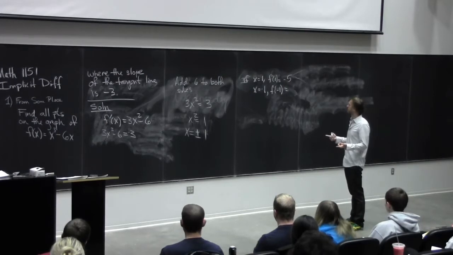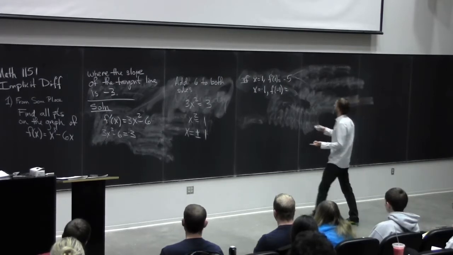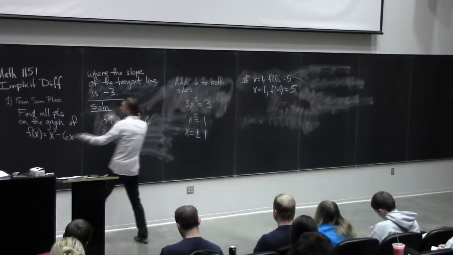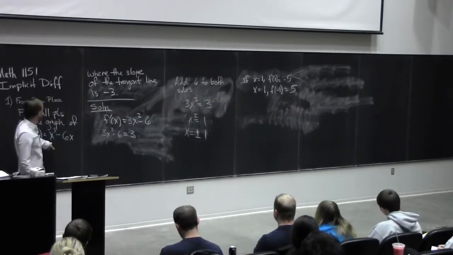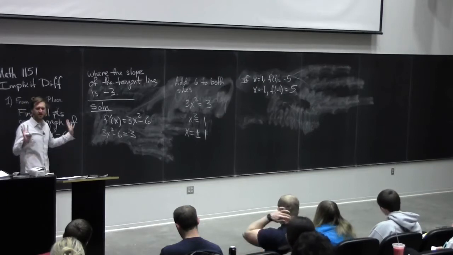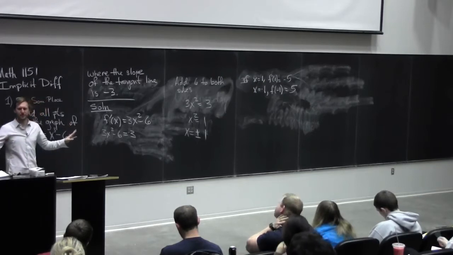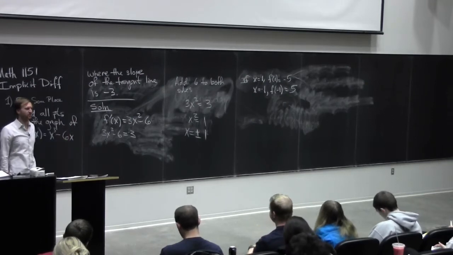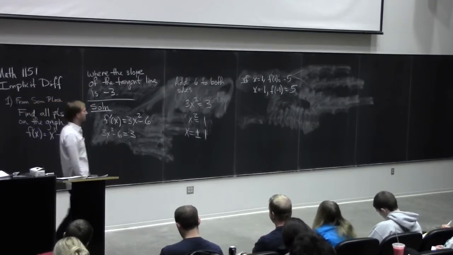Plug in minus 1 into this one. So it's negative 1 plus 6. There we go. Negative 1 plus 6 is 5. Whew. Math is hard.